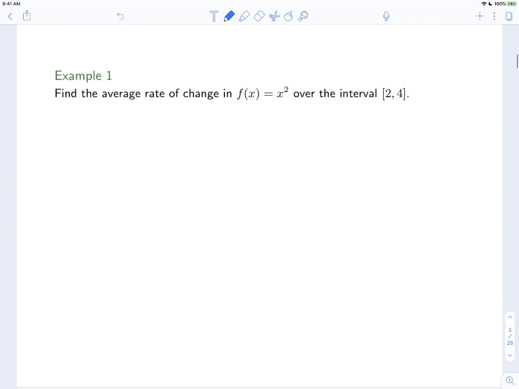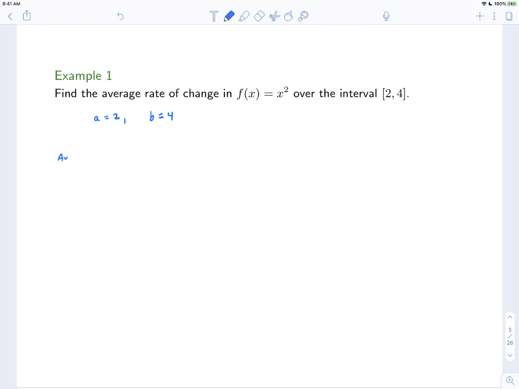Let's compute an example. Find the average rate of change in the function f at x equals x squared over the interval 2 to 4. So in this example, a is equal to 2 and b is equal to 4.